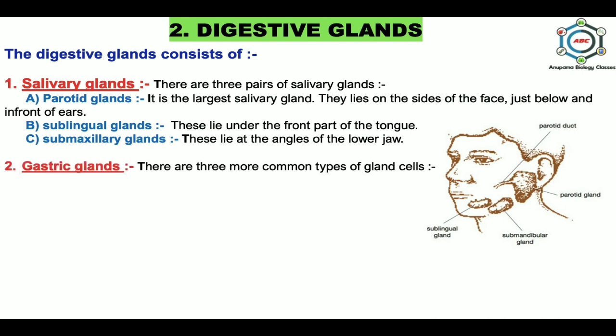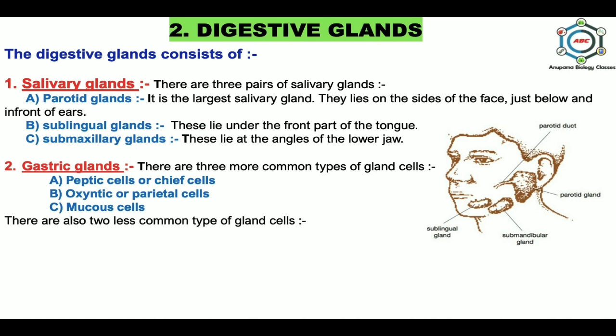Then the gastric glands. The most common types of gastric glands are three: peptic cells or chief cells, which produce enzymes; oxyntic or parietal cells, which secrete HCl; and mucus cells, which secrete mucus. These three secretions combine to form gastric juice, and the pH of gastric juice is 2.